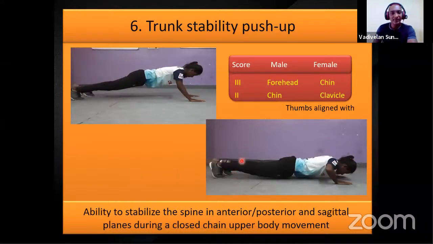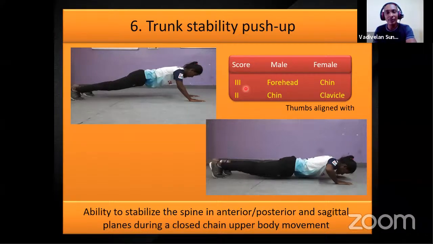Next is trunk and core stability. Here the athlete has to place the hands over the line of the chin and do the push-up with a stabilized core. This tests the ability to stabilize the spine in the anterior and posterior sagittal plane during a closed chain upper body movement. For the scoring system for males, the thumb alignment is considered.